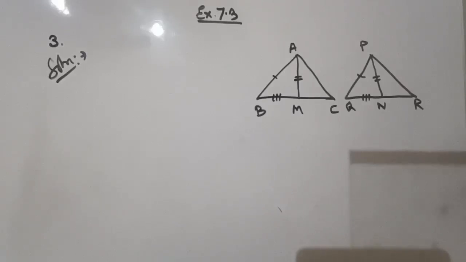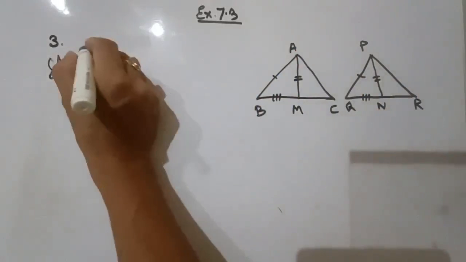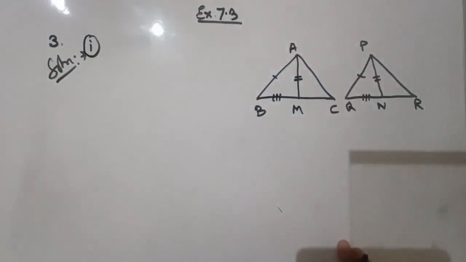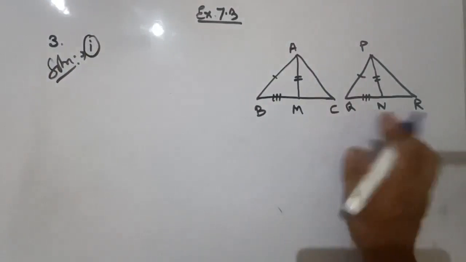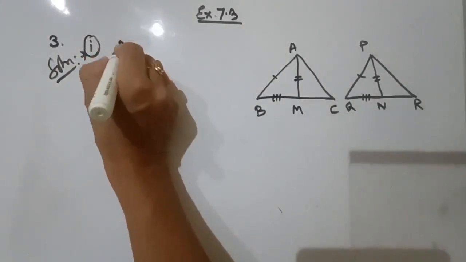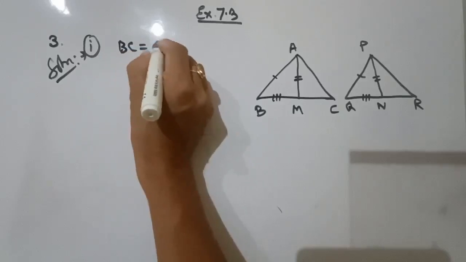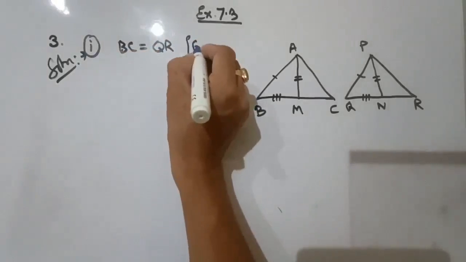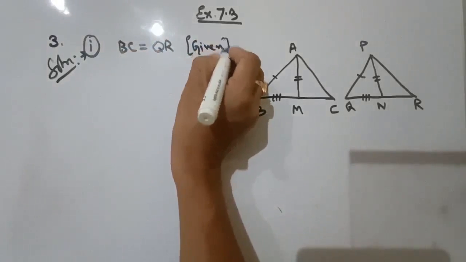First, in Roman number 1, we are to prove triangle ABM is congruent to triangle PQN. So Roman number 1, solution. It is given that BC equal to QR. This is given in the question.